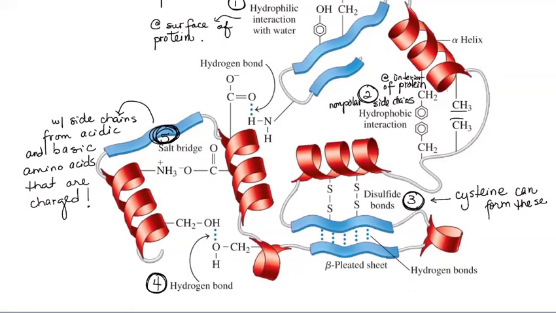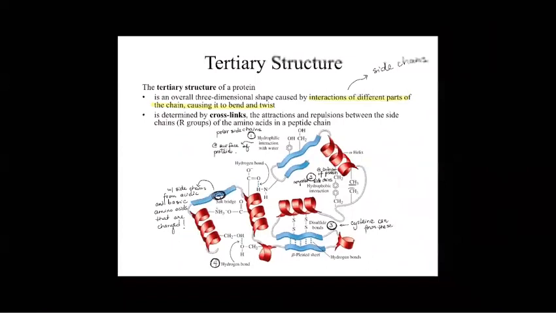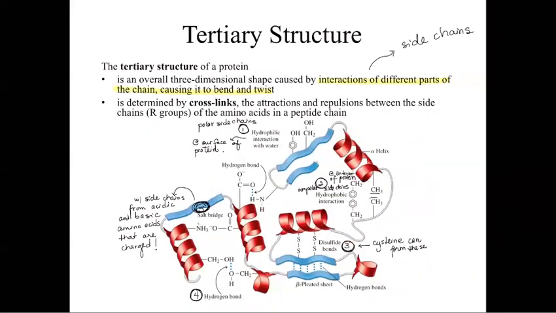Okay, so we need to have a full cation and a full anion. But this is the list of the interactions that can happen at the tertiary level of a structure. Remember, the side chains of my amino acids is what gives rise to all of these interactions.